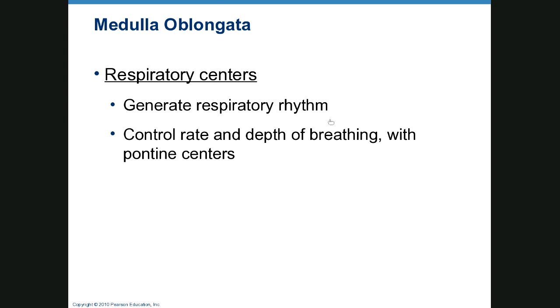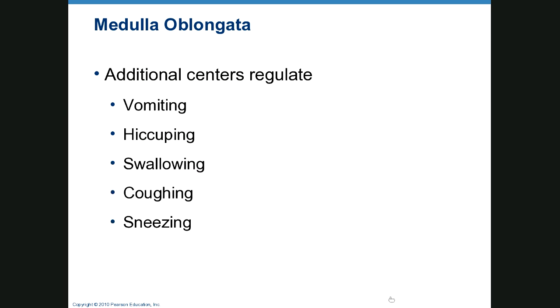So without the medulla, you don't breathe. Also, the medulla oblongata helps regulate vomiting, hiccuping, swallowing, coughing, sneezing. Now, we mentioned the hypothalamus is involved in a lot of things, such as the vomiting centers. But this fine-tunes your barf so that it will be very perfect.